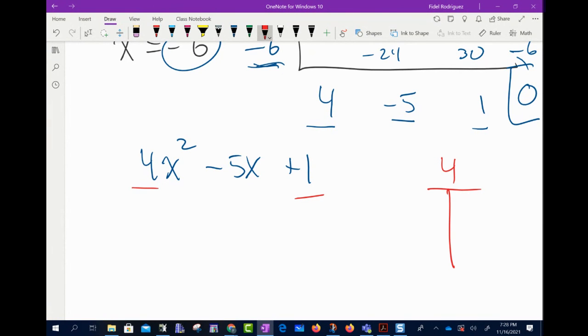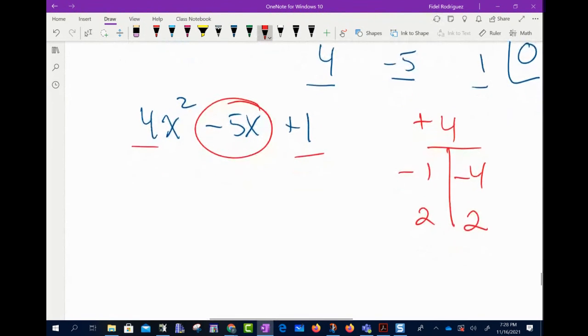I want to think of all the numbers that multiply to 4: 1 and 4, 2 and 2. I want to find the numbers that add up to -5. Well, if I make both of those negative, I still multiply to +4, and when I add them, there's my -5.